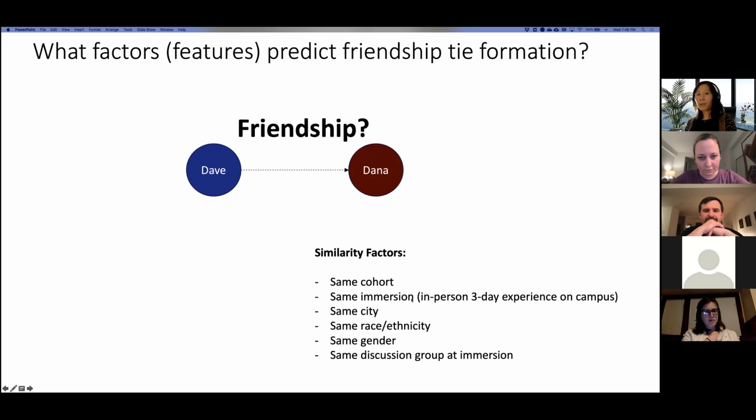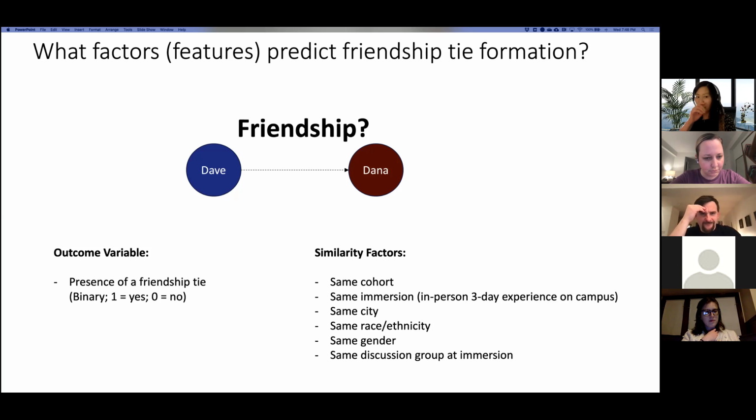We have a bunch of similarity factors to think about, such as whether they're from the same cohort, whether they attended the same immersion, which is the same 3-day experience with each other on campus, whether they're from the same city, or the same race, same gender, same discussion group, like did they talk to each other at the immersion? And then our outcome variable is whether or not they have a friendship tie.